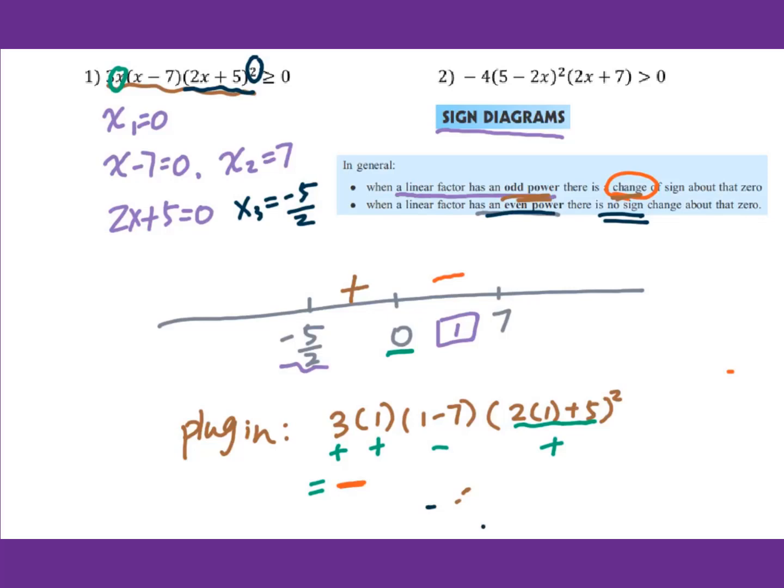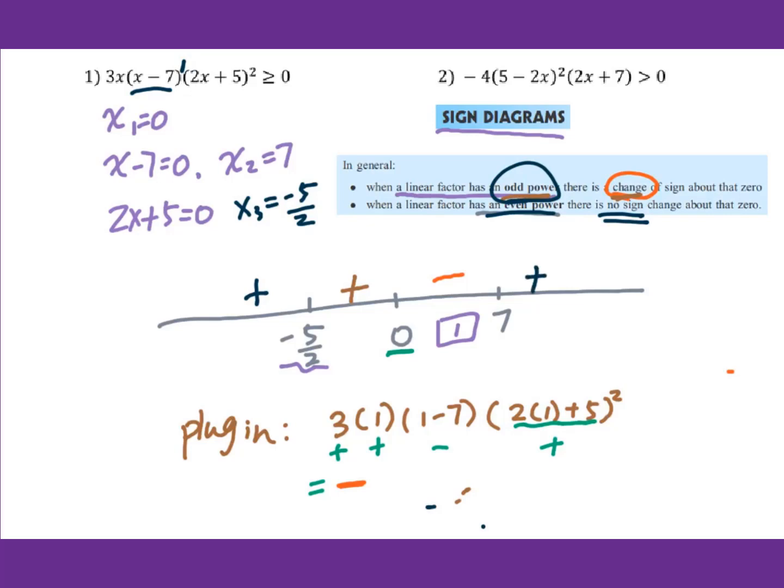If this interval is positive, the neighbor interval will be positive. Then check 7. We got 7 from x minus 7, this factor. It's to the first power, which means odd power. Therefore, we have a change. This is a plus.